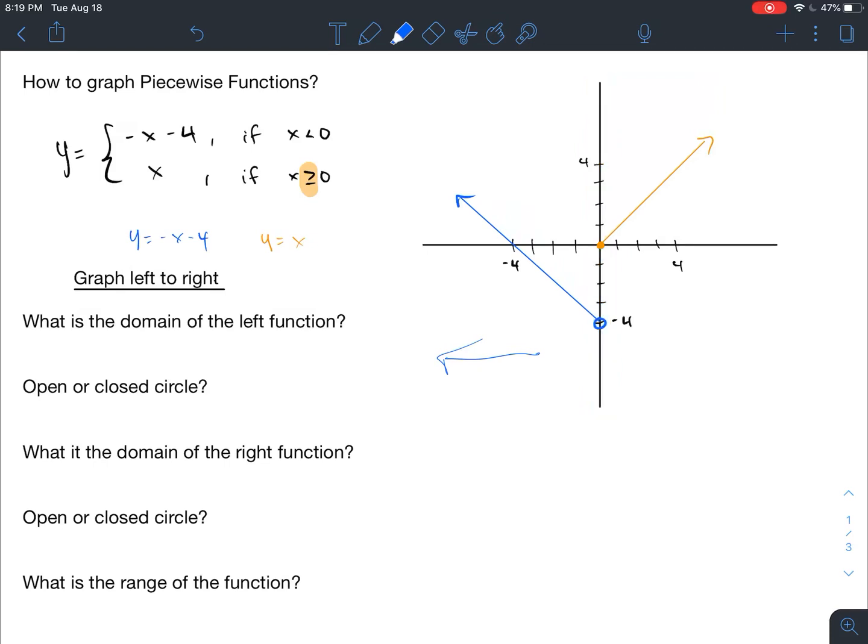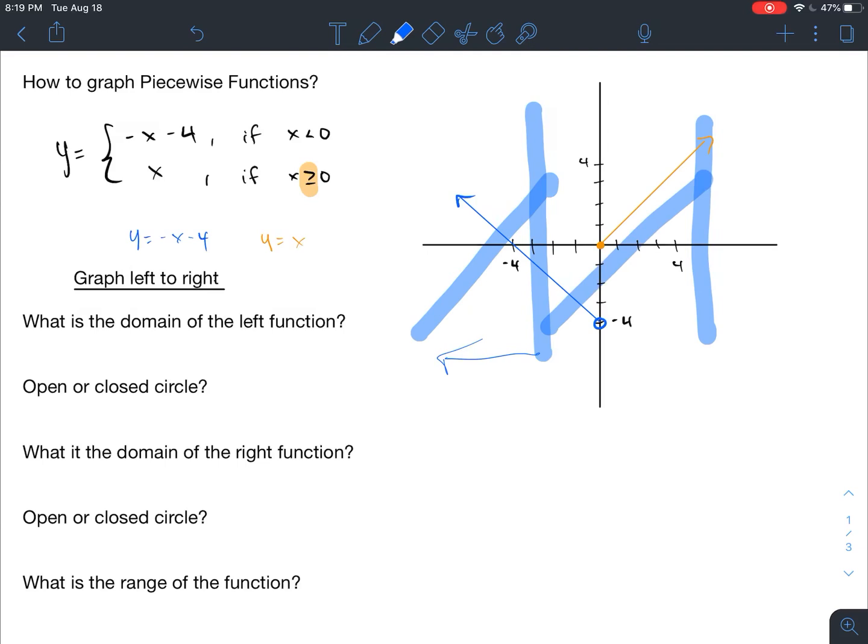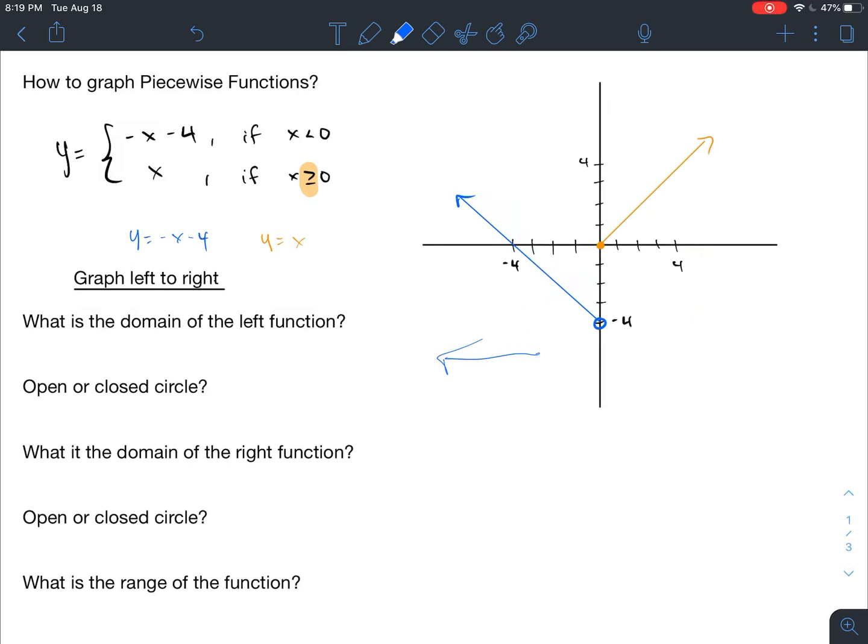Sometimes you're going to have functions that exist maybe to here, and then you might have 3 functions where it looks like this, and then like this, and then like this, or something like that. So identify where the x values exist, and then go from there, because then you know where to draw it to, and graph left to right.